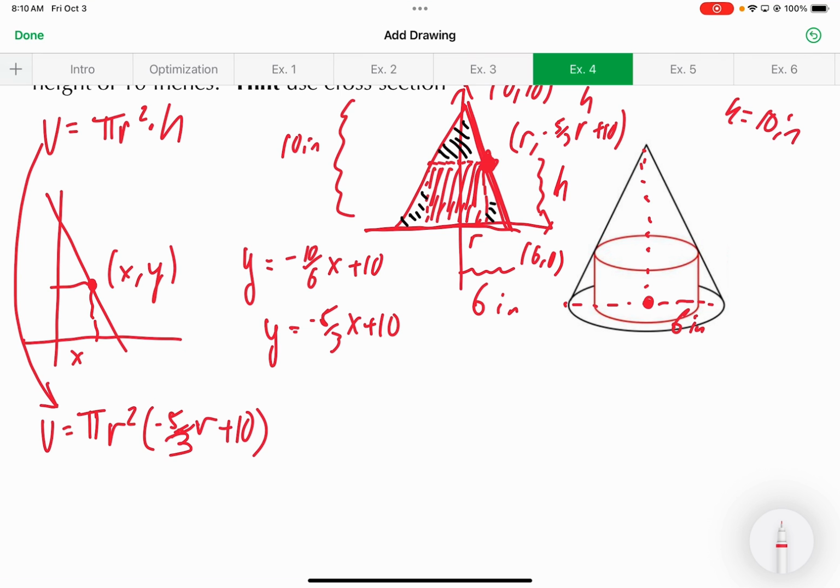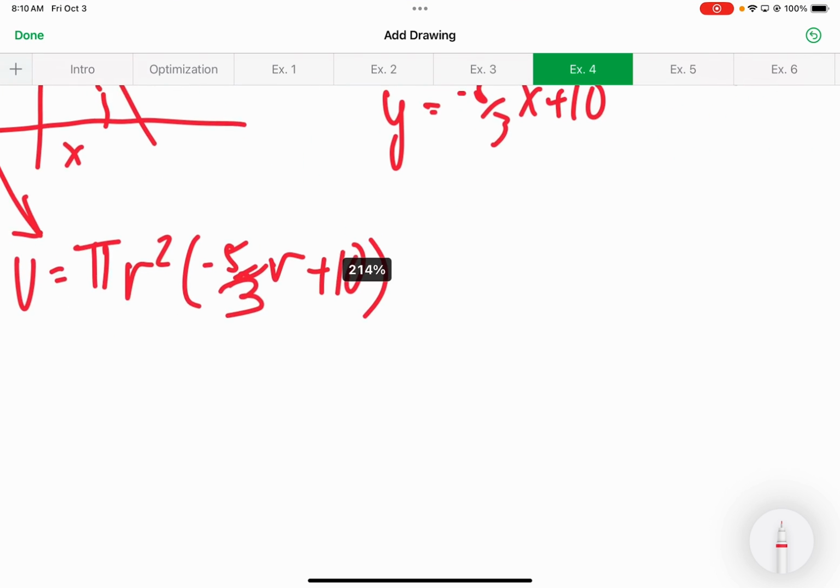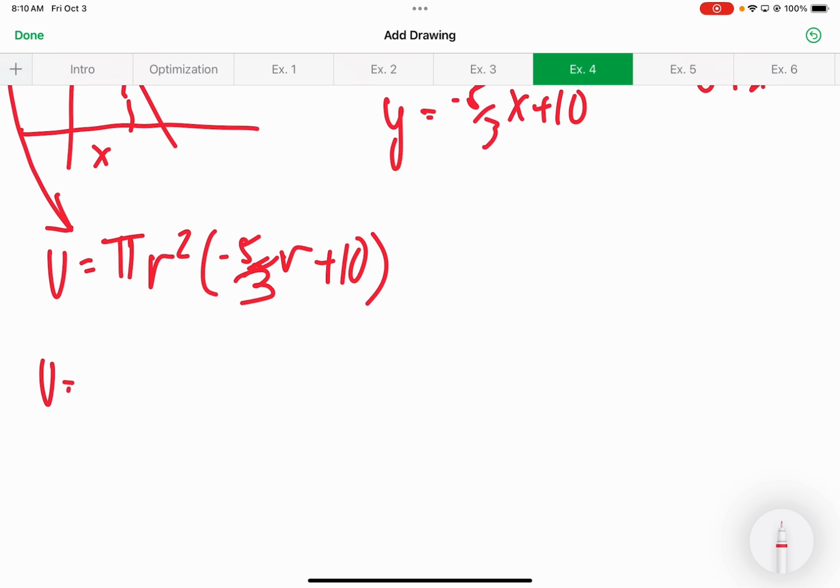All right, so now we multiply everything out. We take our derivative. All right, so pi r squared times negative 5/3 r is going to give me negative 5/3 pi r cubed, and then plus 10 pi r squared.